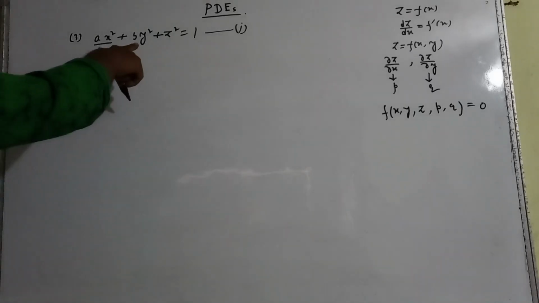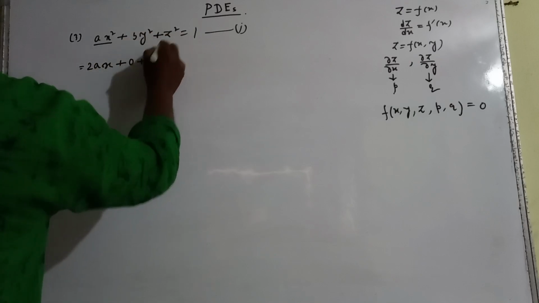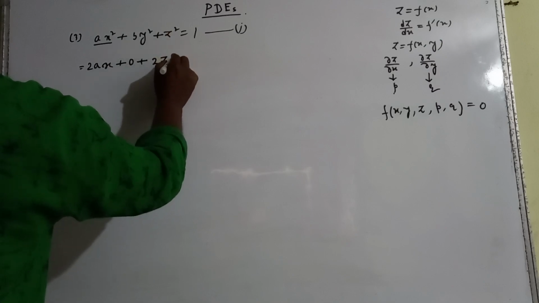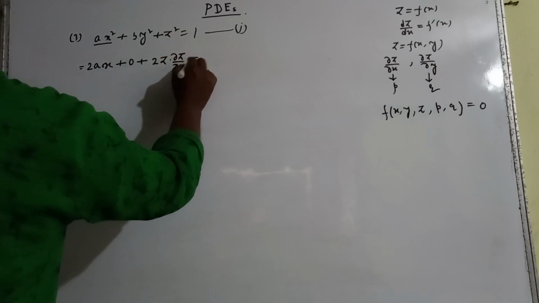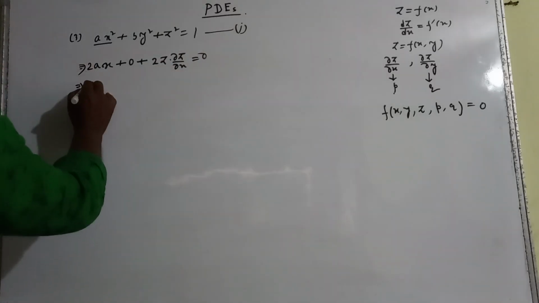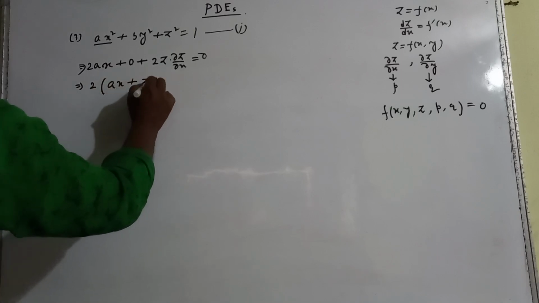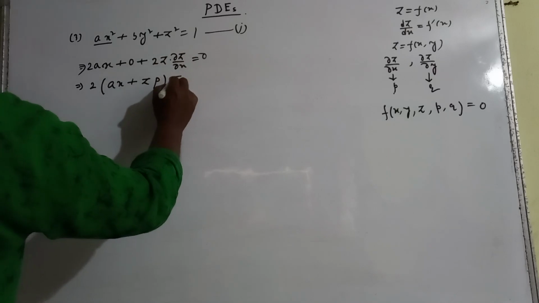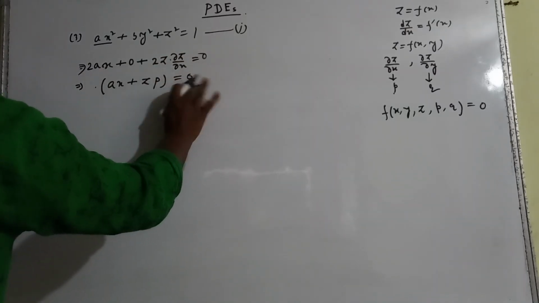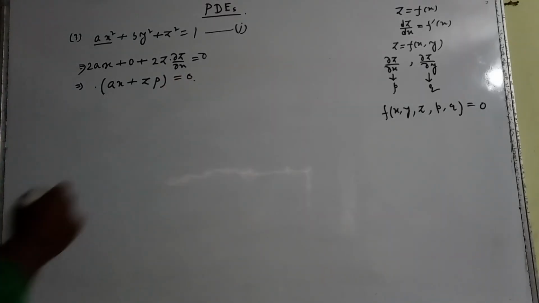The differentiation of the z square function gives 2z times the derivative of z with respect to x, equal to 0. Taking 2 common, ax plus zp, where del z del x means p, equals 0. Dividing by 2, ax plus zp equals 0. This is number 2.